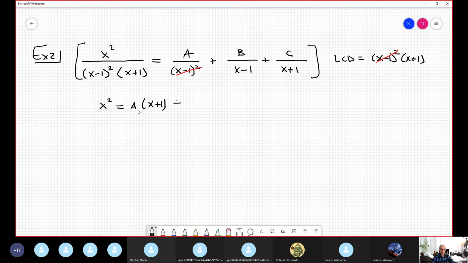And the B part, well, this is cancelled, and this is cancelled at least 1, so stay x minus 1 times x plus 1. Good. And the C part, this and this cancel, and stay only x minus 1 squared. Everyone follow me?